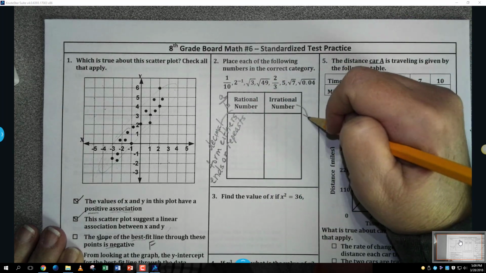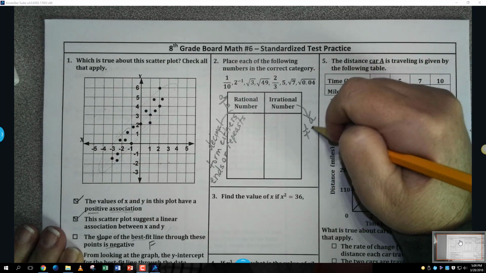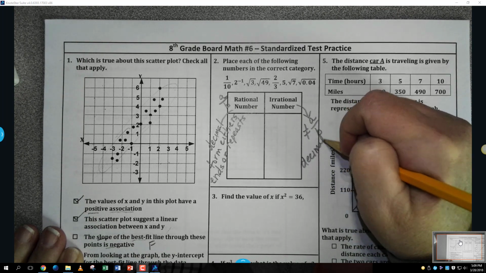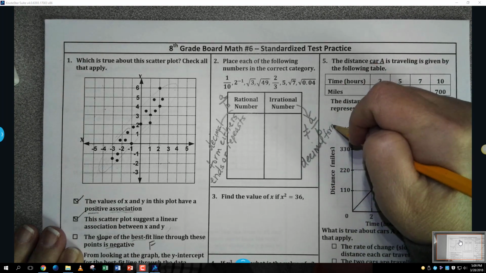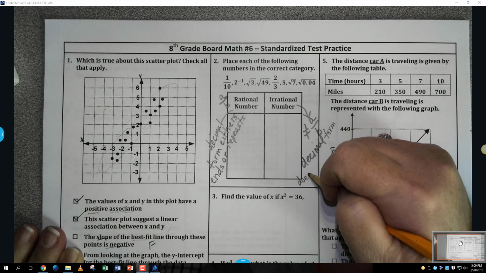An irrational number cannot be written as a over b, and the decimal form doesn't repeat and it doesn't terminate, so it never ends.